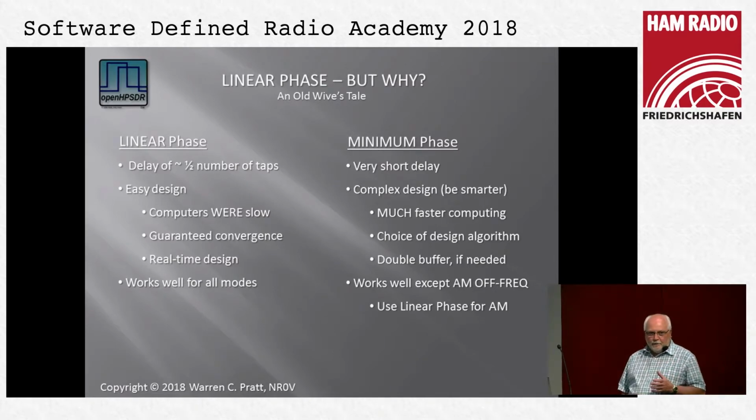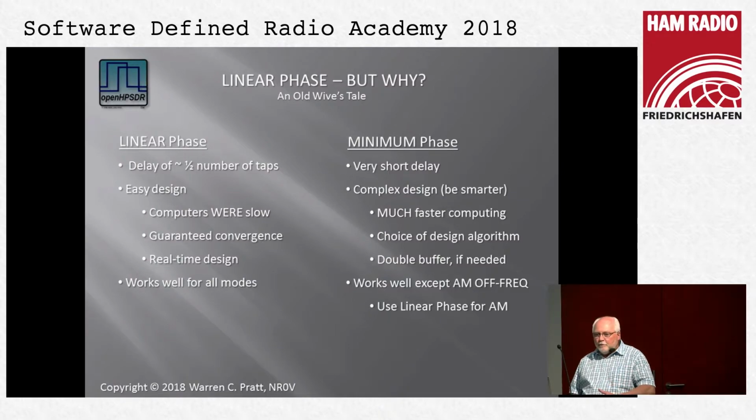But with minimum phase, we now have faster computers, and we can be a little smarter about the algorithms that we select so that they are also guaranteed to converge. And we can do things like double buffering if needed, where we use one filter while we compute the next filter, if we are, for example, adjusting the width of the passband in real time. The minimum phase works perfectly for almost all modes. One thing it doesn't work well for is if you're receiving AM and you are off frequency. However, in that case, why not just use linear phase?